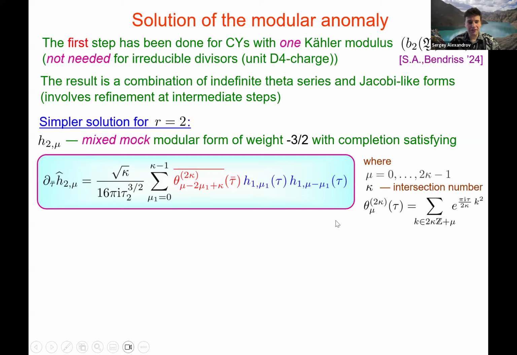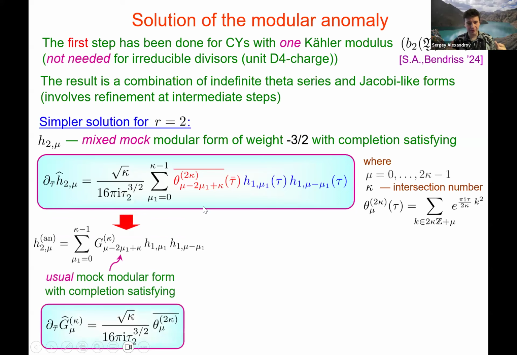The complication here is that this is a mixed mock modular form, which means that the shadow is a product of holomorphic and anti-holomorphic modular forms. But you can disentangle this mixed nature of the generating function by postulating the following ansatz, where capital G are the functions to be found.